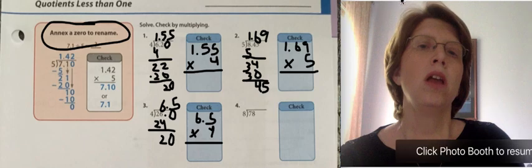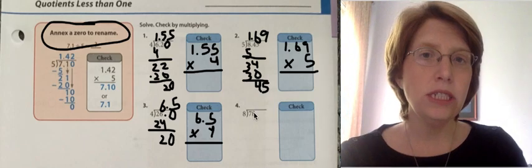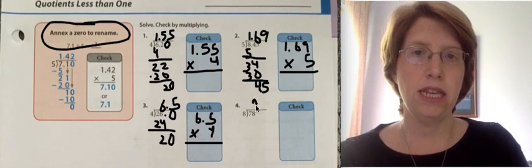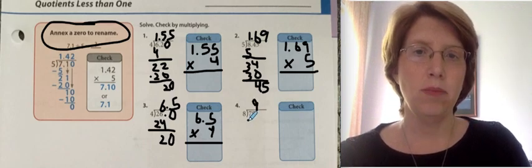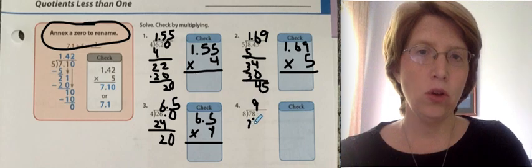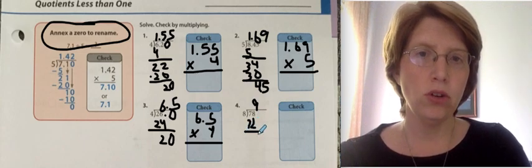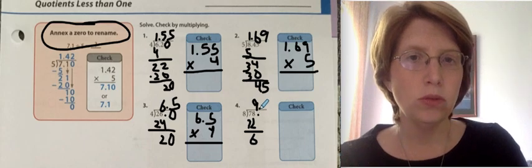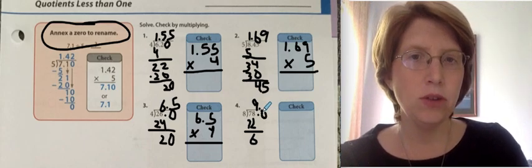Now, 8 goes into 78 9 times, but not evenly. We're going to have a remainder of 6. So we need to add a decimal, add a 0, bring that 0 down.